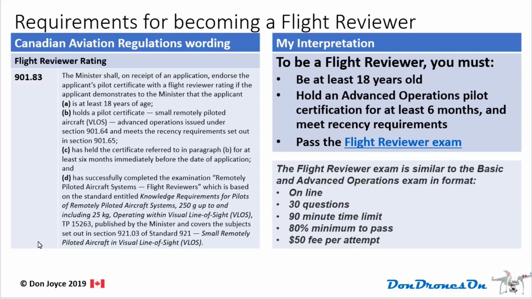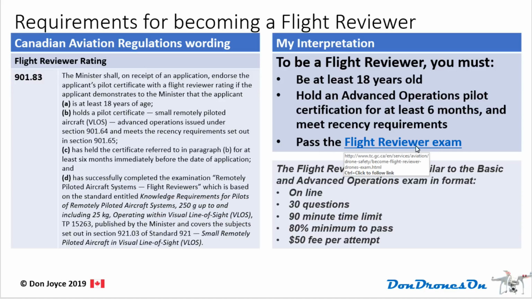To become a flight reviewer, and please note, this doesn't mean to take a review. This is to become the person who does the flight review upon you, if you wish. You have to be at least 18 years old. You have to hold an Advanced Operations Pilot Certificate for at least 6 months and still meet the recency requirements.